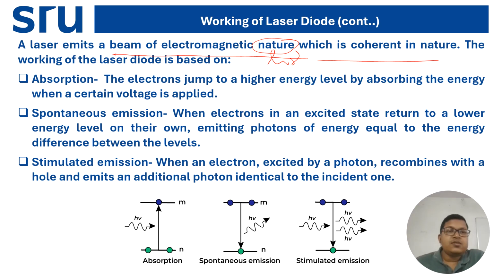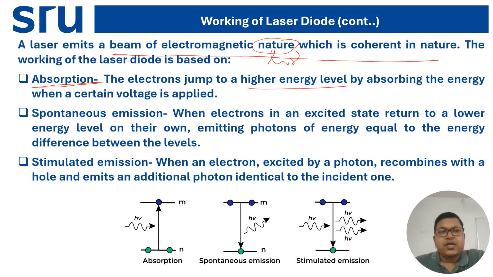The first thing is absorption. Absorption means the electrons jump to a higher energy level by absorbing energy when a certain voltage is applied. Electrons have different energy levels; they can stay in different energy levels, which are called different states.